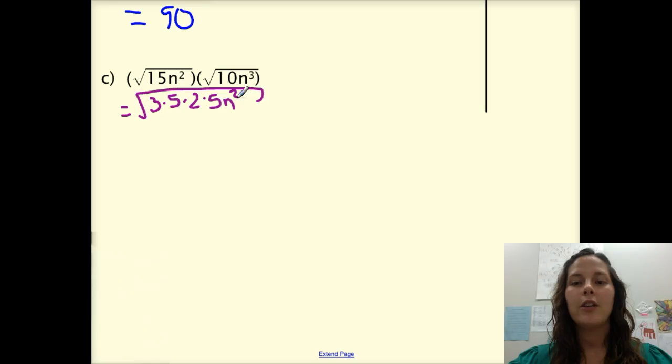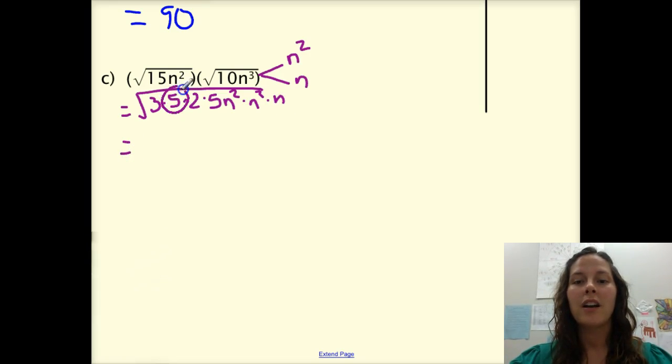And for the n cubed, what you want to do is come up with perfect square factors of that as well. N cubed is n squared times n. So I'm going to split that one up. So this will be times n squared times n. Pulling out all of our perfect squares, we've got 5 times 5, so that comes out as a coefficient.